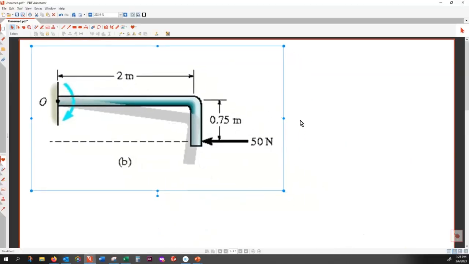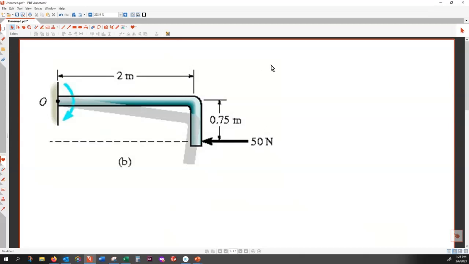So again, we want to find the rotational effect of 50 Newton with respect to the O. So rotational effect with respect to O in a scalar way, that is the magnitude of the force 50 Newton. And what is the shortest distance? Is this 0.75 or is this 2 or this is something else?